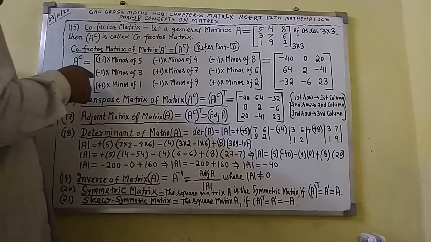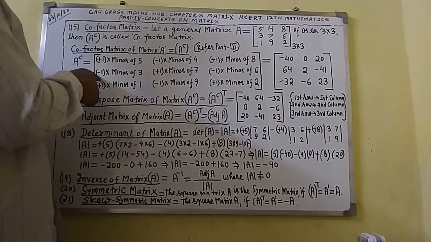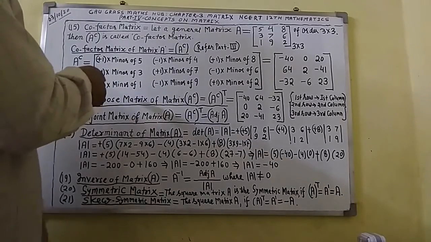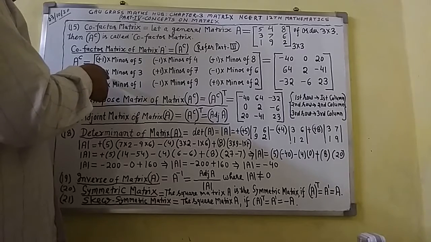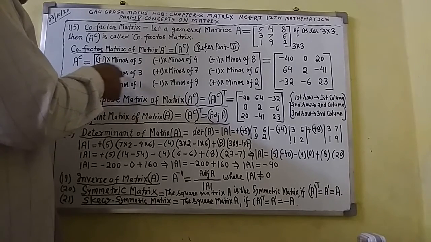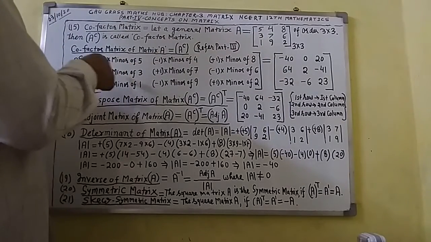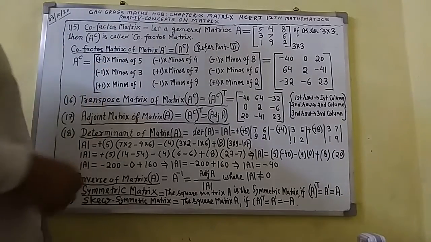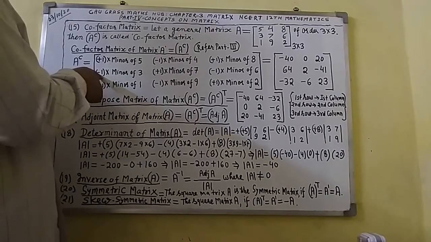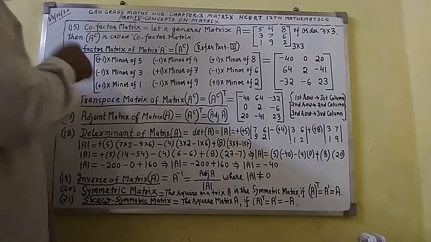Second row, here minus 1. Here minus 1 will always be written as minus 1, into minor of element 3. This is element 3. The minor of element 3 will multiply to minus 1.